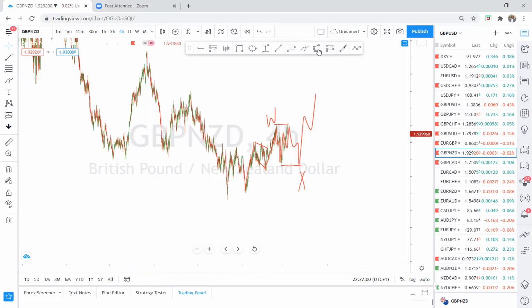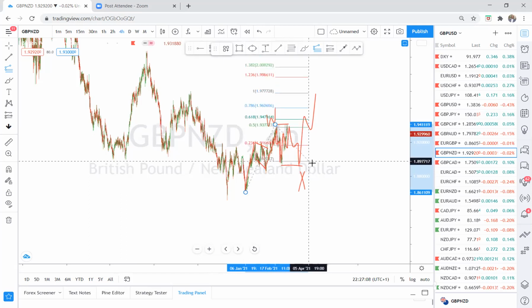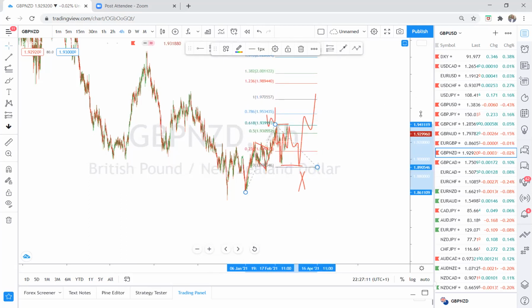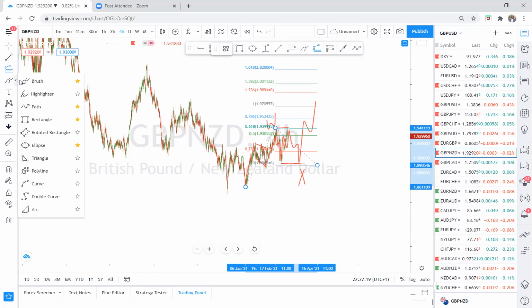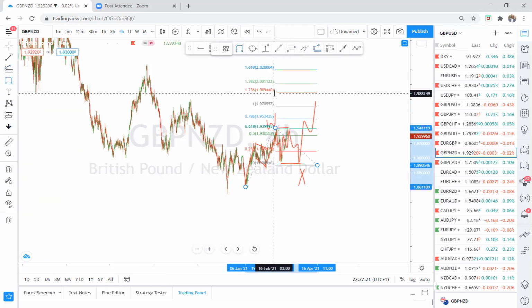You have to take your fib expansion tool, you take it from the beginning of the first three waves here, take it to the end, bring it back to the end of X, where you have your 100 to 123 percent fib expansion or extension.